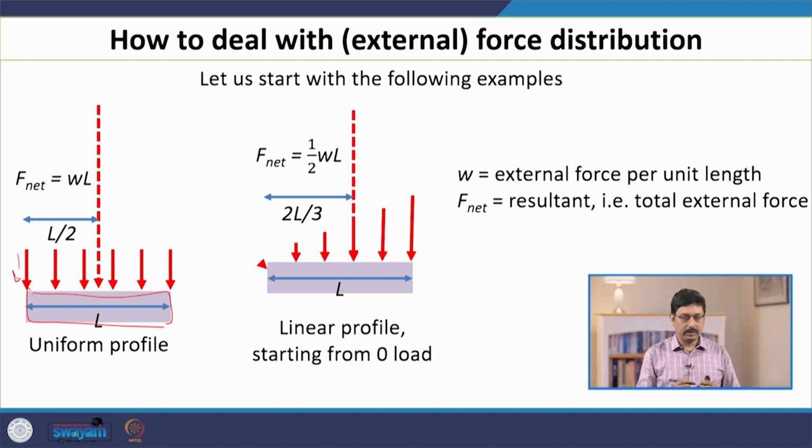Now, in this particular situation, it is very easy to calculate the total force. These little arrows represent load per unit length, and this is a one dimensional example. This is distributed over a length L, so the total force must be the area of a rectangle whose one side is L and the other side is W, which is load per unit length.